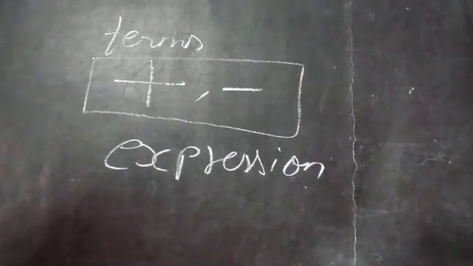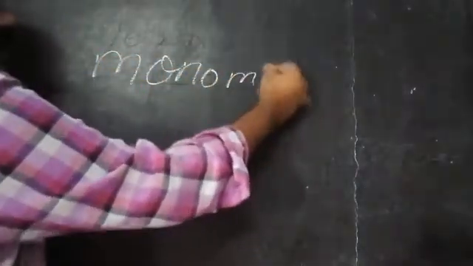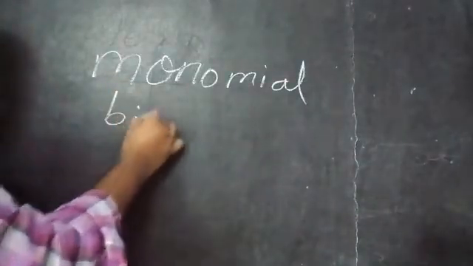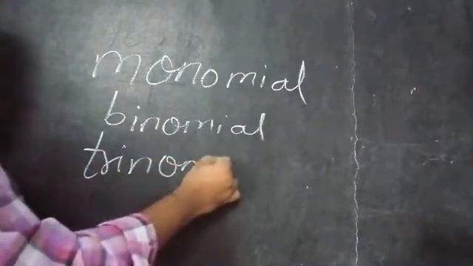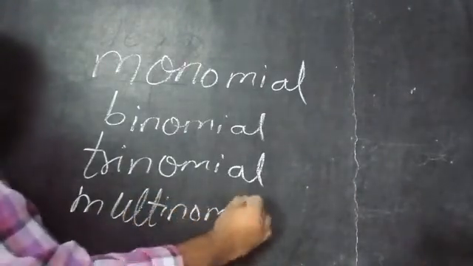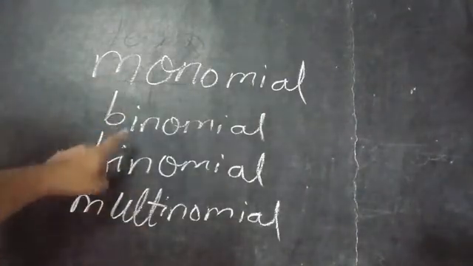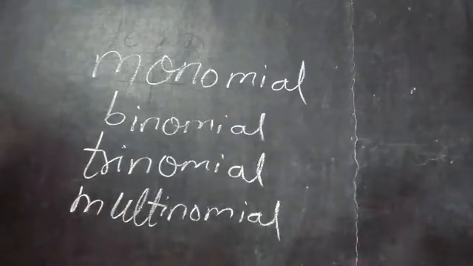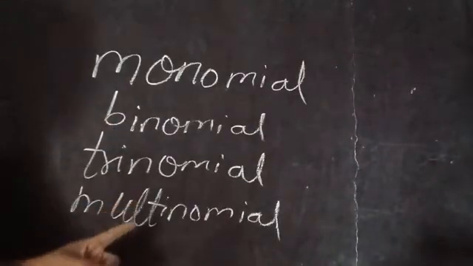This algebraic expression is divided into 4 types: monomial, binomial, trinomial and multinomial. There are 4 types: monomial, binomial, trinomial and multinomial.